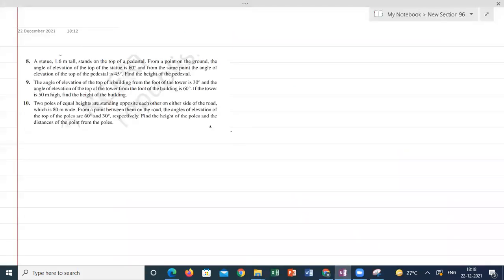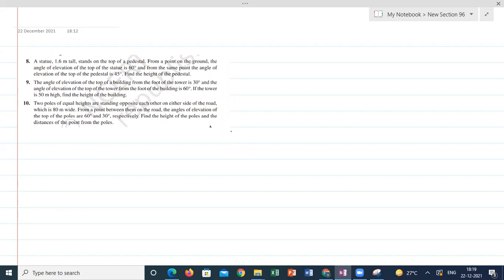A statue of 1.6 meters tall stands on the top of a pedestal. From a point on the ground, the angle of elevation of the top of the statue is 60 degrees, and from the same point the angle of elevation of the top of the pedestal, that is nothing but the bottom of the statue, is 45 degrees. Find the height of the pedestal.